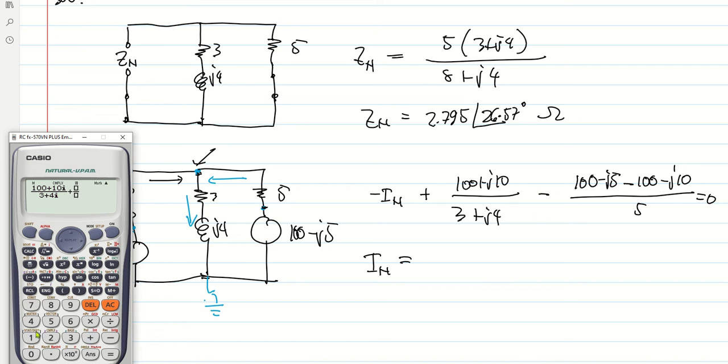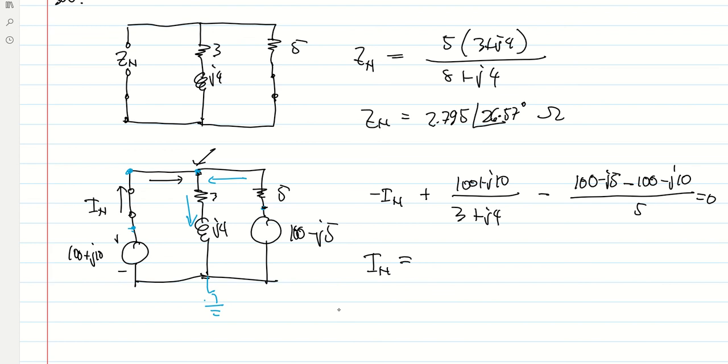So this will be 5 plus 10, 15, J15 all over 5, and equals 18 angle negative 40.95 degrees. This is our short circuit current, or the Norton's current.